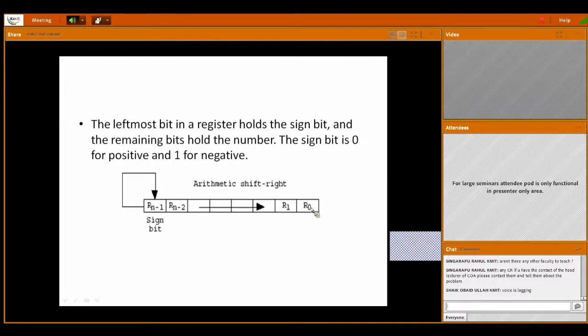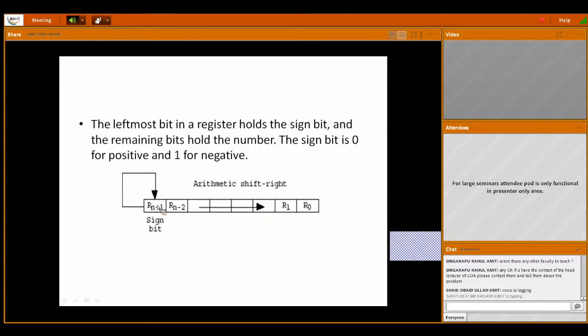If it is unsigned data, all the bits are used for the original content of the data. But if it is signed data, you will not include the MSB as content of your register. This MSB is used to know whether the registered data is positive or negative.